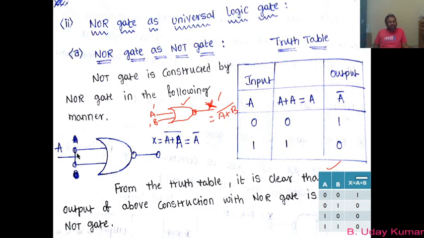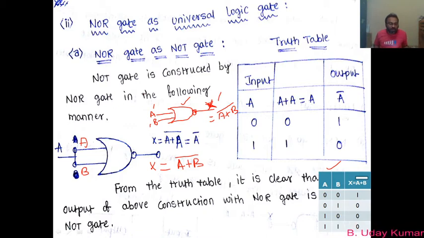In general, let us assume the NOR gate has two input terminals, A and B, and the output is denoted by (A plus B) bar. This was the logical function that we write for the NOR gate in general, right?